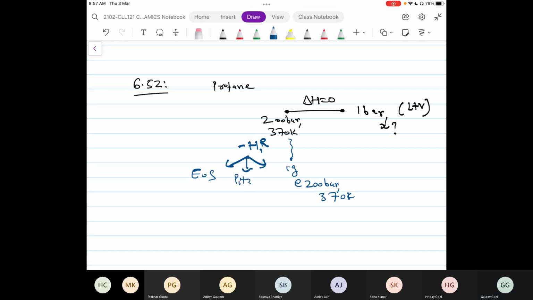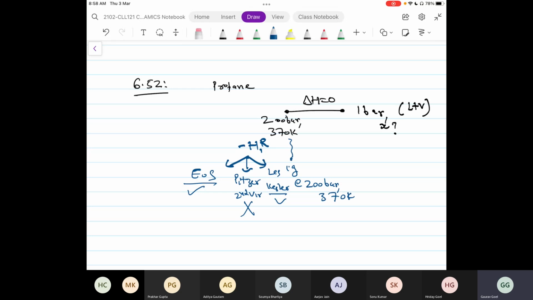That much I know. Pitzer second virial correlations, Lee-Kesler. So which one will you choose? Either this, if an accurate equation of state is available, or this.